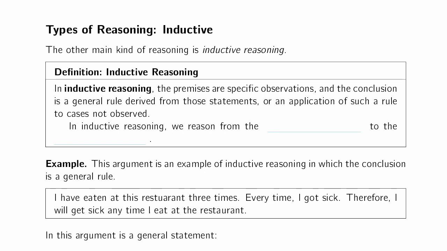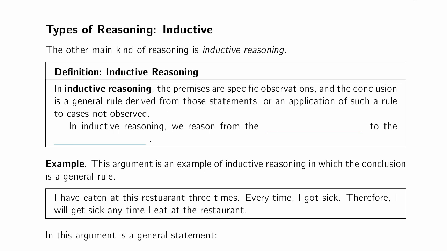So in inductive reasoning, the premises are specific observations, and then the conclusion is either a general rule or else an application of a general rule to cases that you haven't observed.